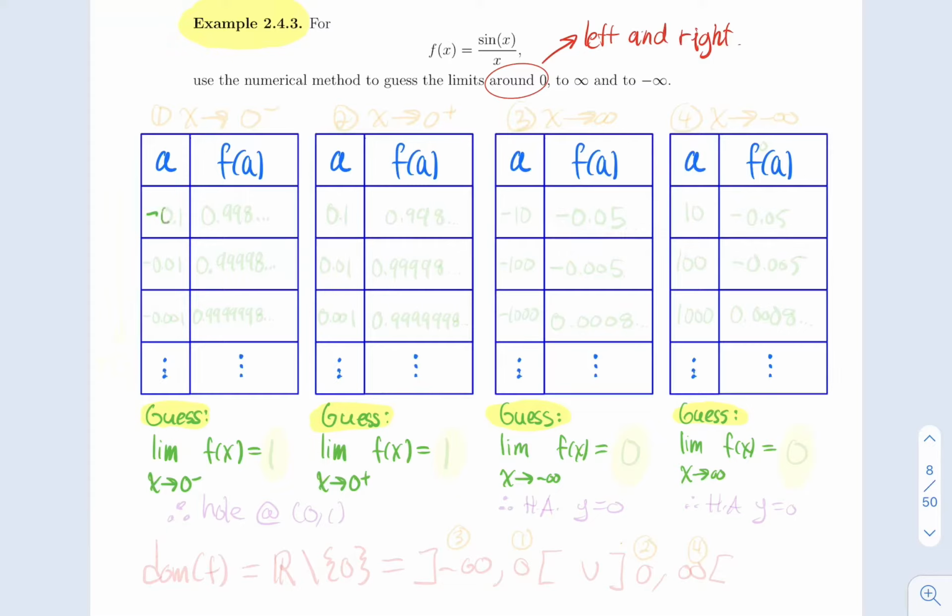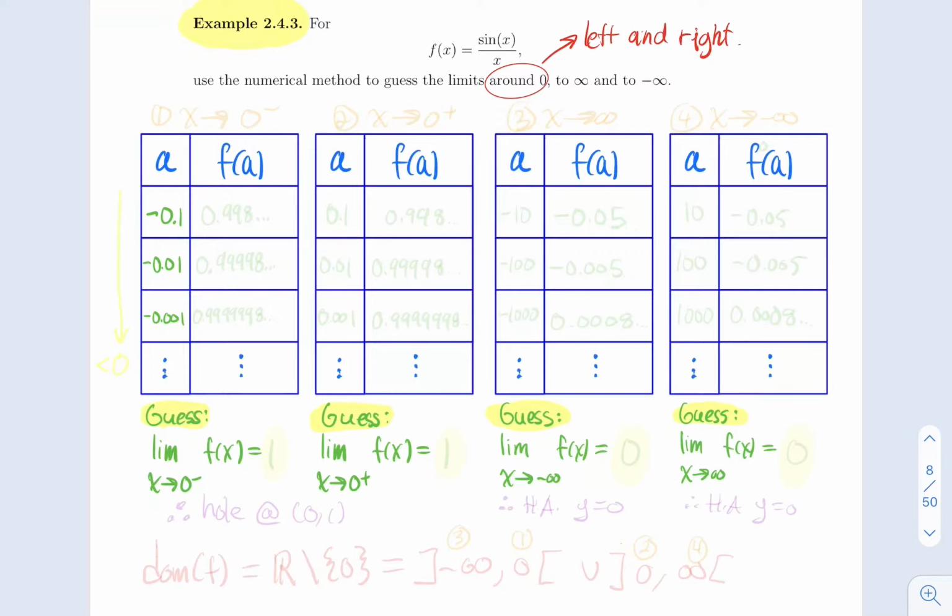So we want inputs that are getting closer: minus 0.1, minus 0.01, and my favorite one, minus 0.001. So 3 inputs. These inputs are getting closer to 0, and they're all on the left side, strictly less than 0.